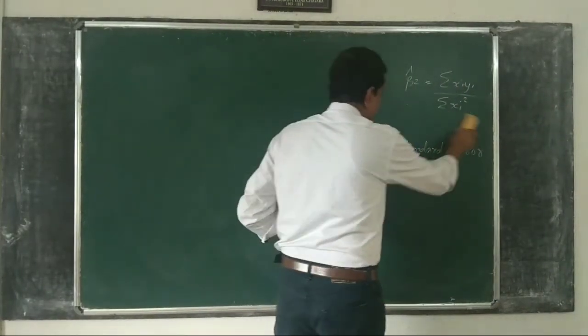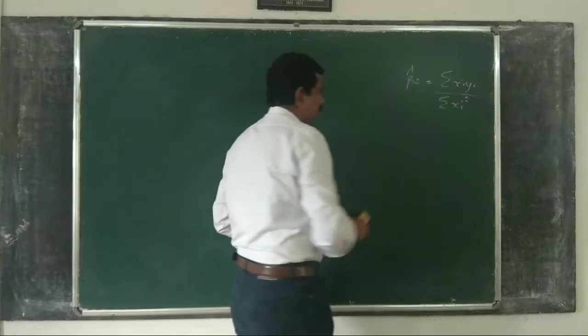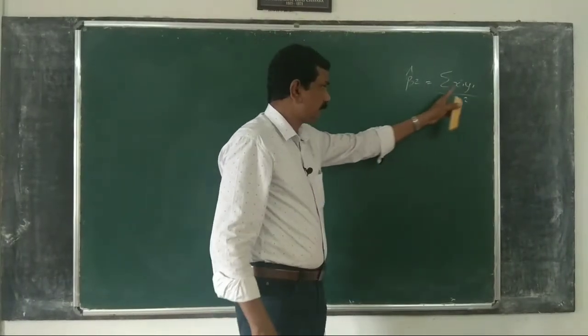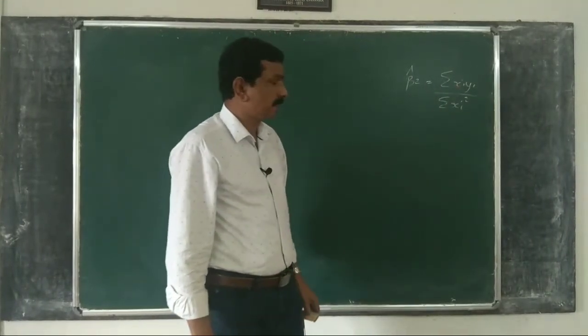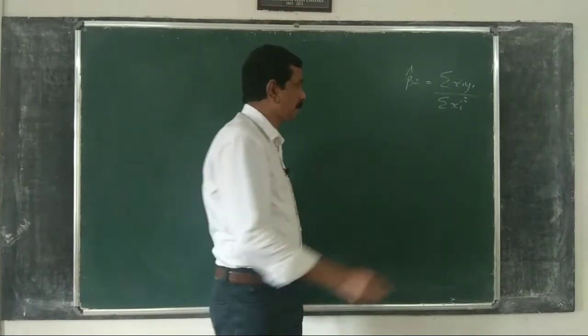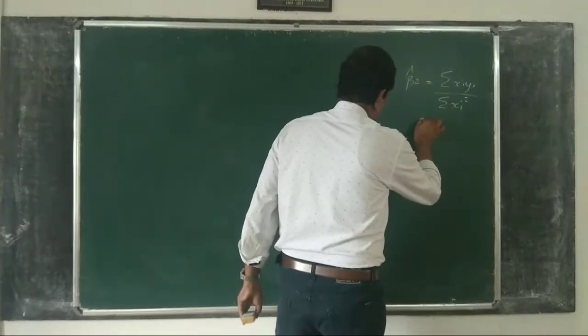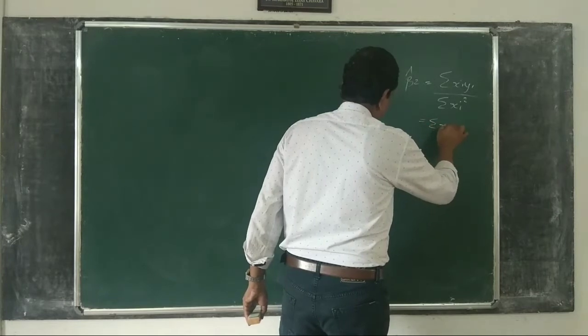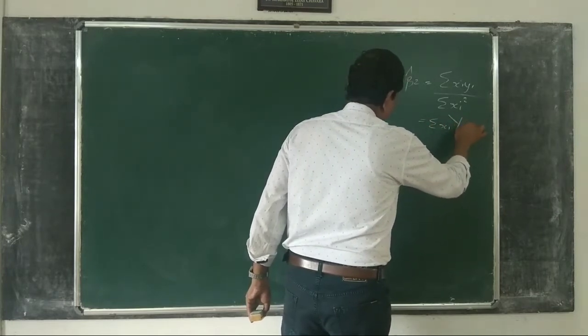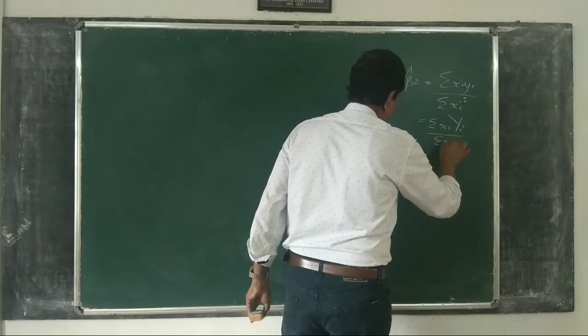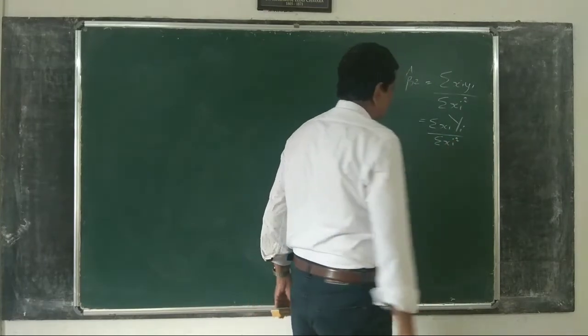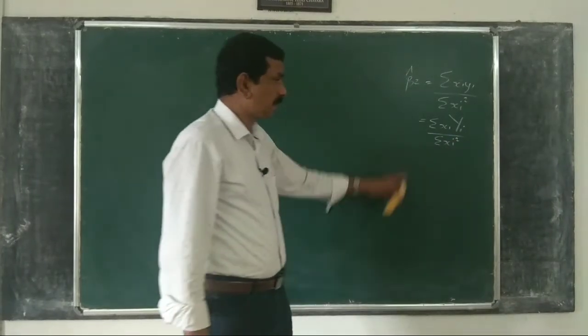Now, we have shown that beta 2 hat is equal to sigma xi yi by sigma xi square. This we have derived earlier.